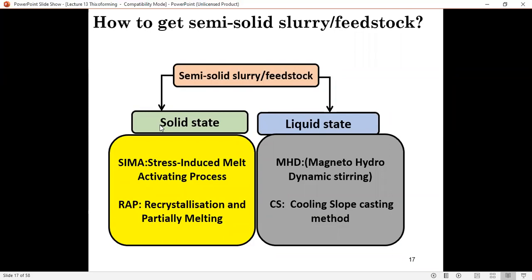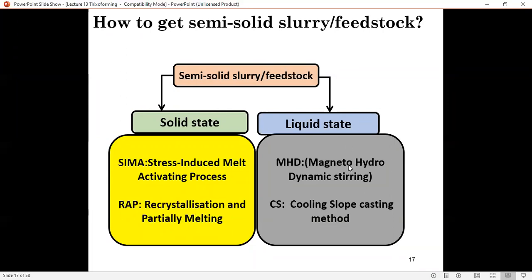If it's solid state, then you use the stress-induced melt activation process, SIMA, or RAP, recrystallization and partial melting process.